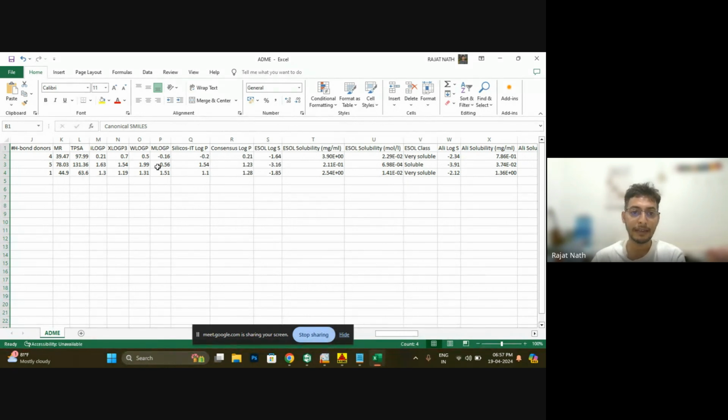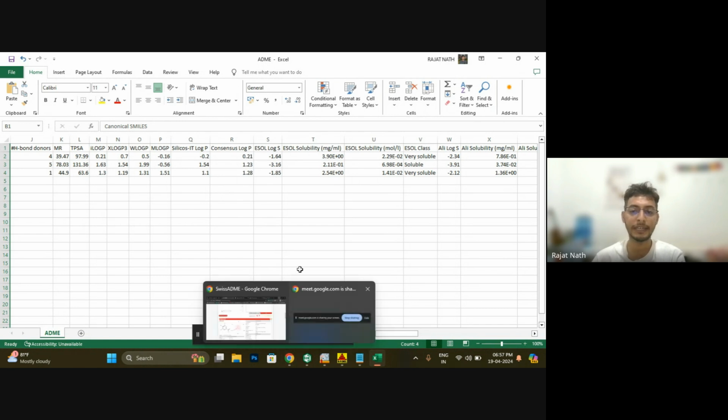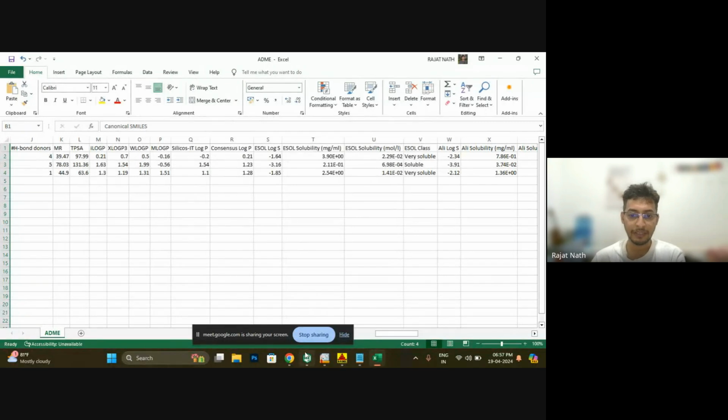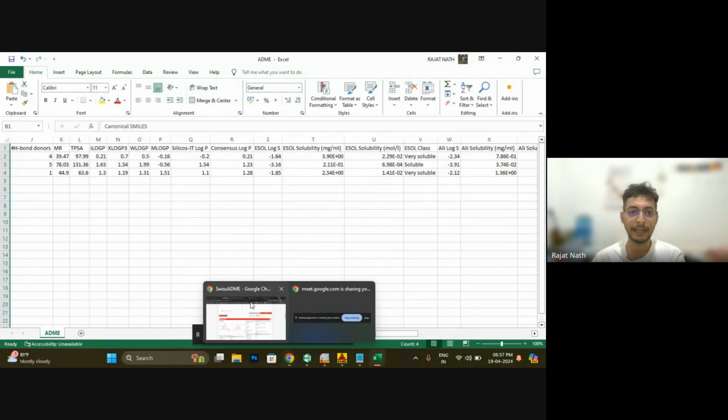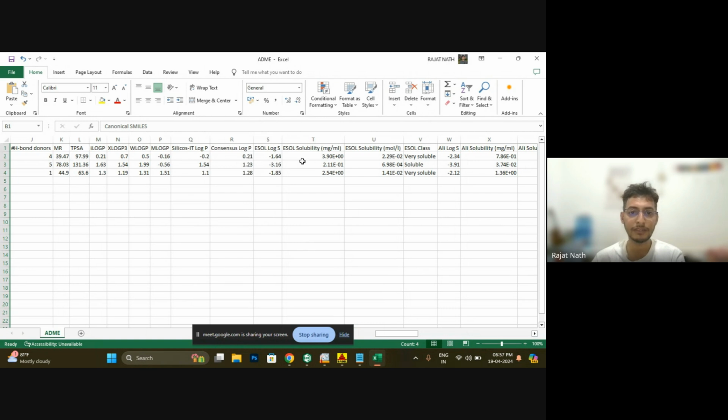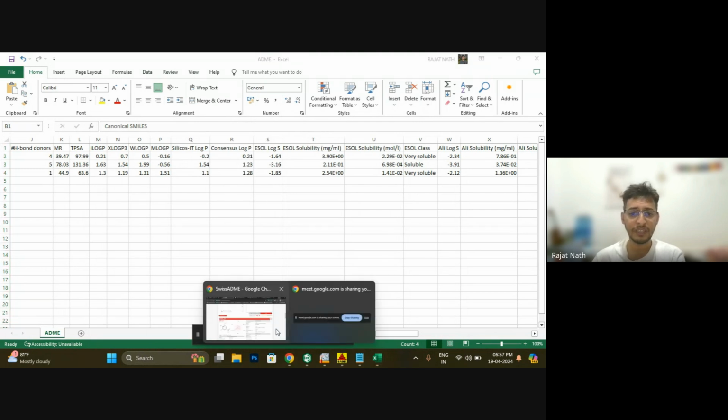What range of this code should be there to become a drug, having a good ADME profile? You can easily understand this if you go through these three literatures. If you go through this literature, you can get the idea about the meaning of these parameters and the ranges required for them.